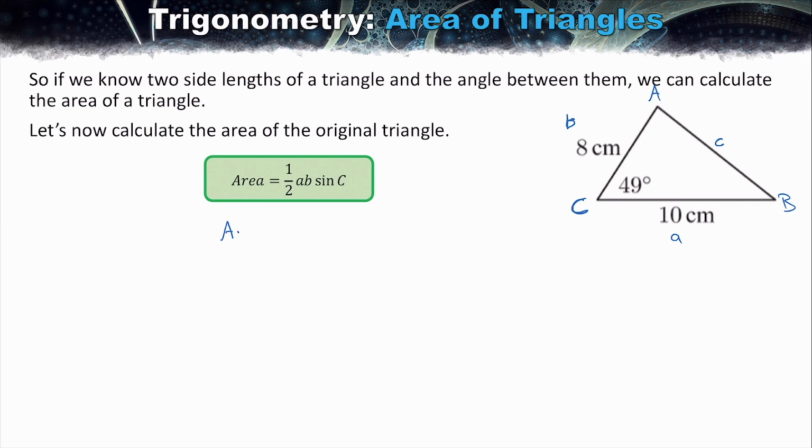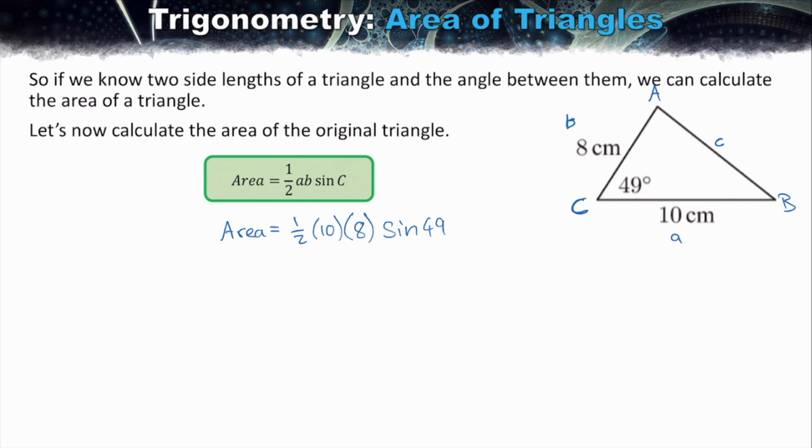So the area is equal to half times our A value. Now, A value is 10 centimeters here, so times 10, times our B value, which is 8, times sine of our reference angle, which is 49 degrees. Now, we can use this as long as the sides that we know are the adjacent sides to the reference angle.